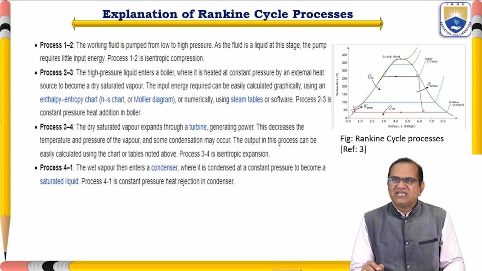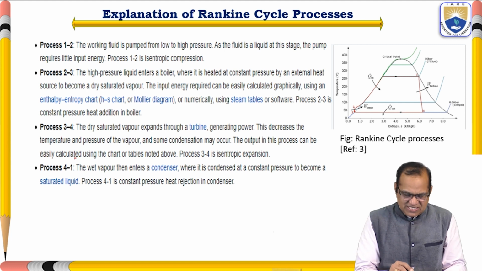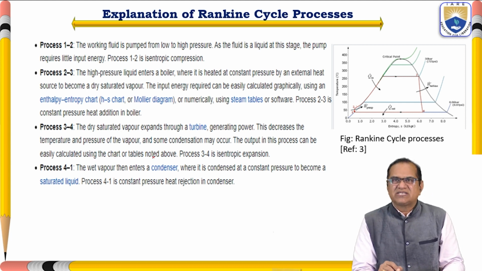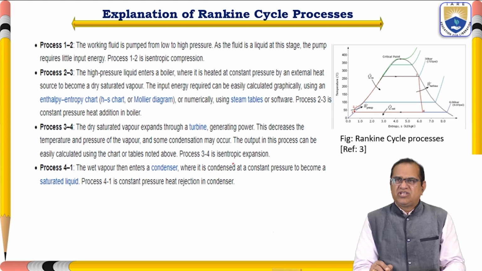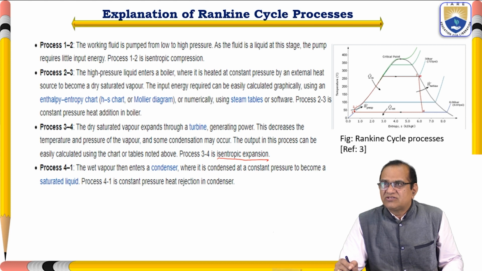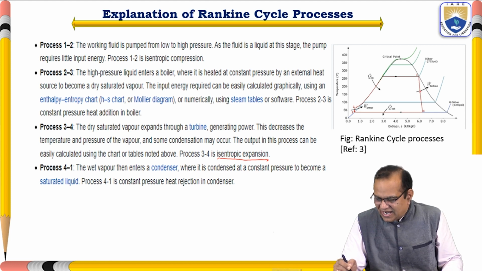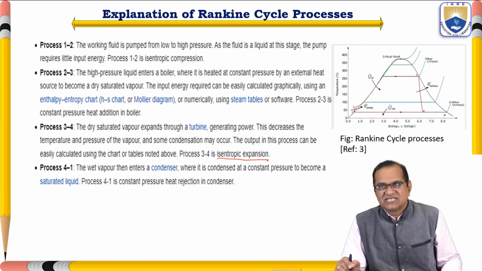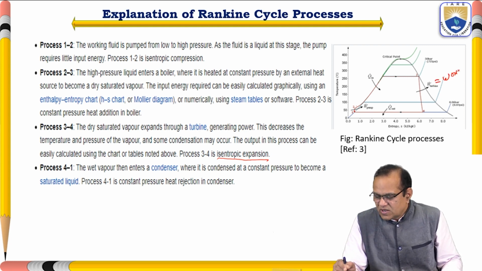The output in this process can be easily calculated using the charts or tables noted above. Process 3-4 is an isentropic process. If you see here, 3 to 4 is a perpendicular line on the x-axis. This indicates that work is done, work is extracted by the turbine.